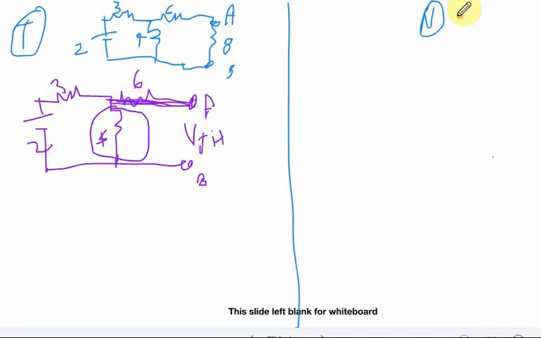Similarly in Norton theorem, what you want to do: remove the load point and make it a closed circuit. Current is the dual of voltage; the opposite of voltage is current. Here open circuit means closed circuit. See, here this is an open circuit; here I am going to make it closed.